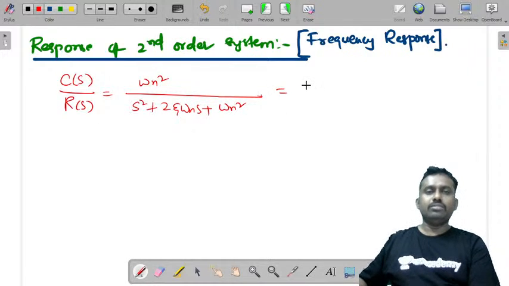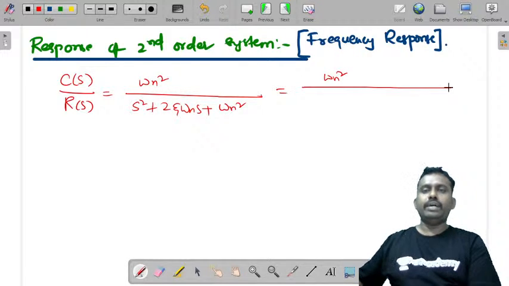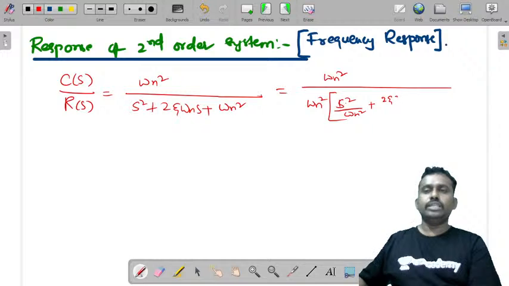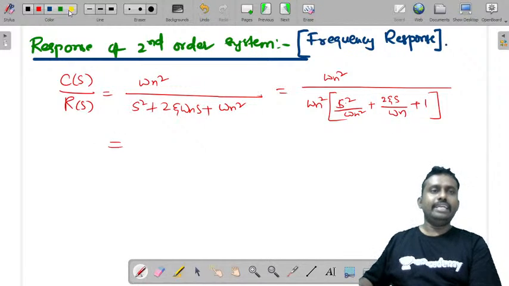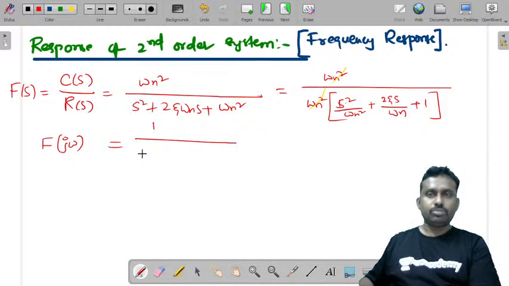Now I'll take omega n square common in order to write it in time constant form. It is omega n square by omega n square times s square by omega n square plus 2 zeta s by omega n plus 1. You can cancel these two and write it as 1 by that. Let this be F of s, and replacing s by j omega gives the frequency response.